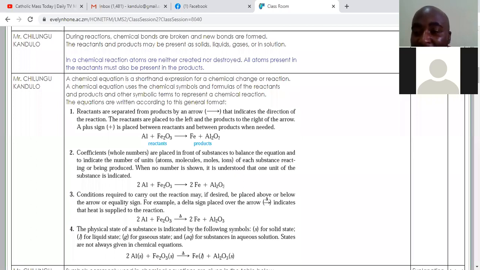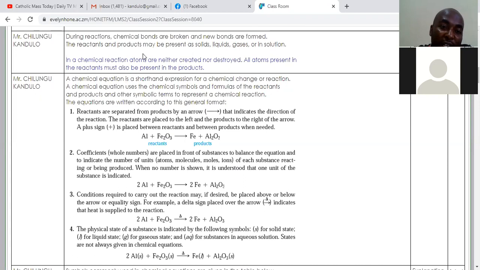I'm sure you've seen state symbols in grade 12, where you write (s), (l), (g), and (aq) in brackets, standing for the word aqueous. That showed it was in a water solution. So when we say solutions in chemical reactions, solutions are water solutions, because water, if you remember, is a universal solvent.